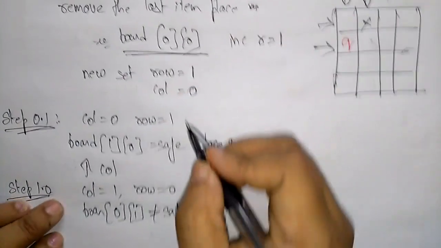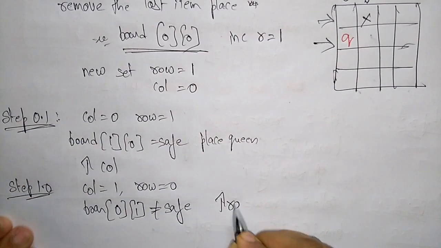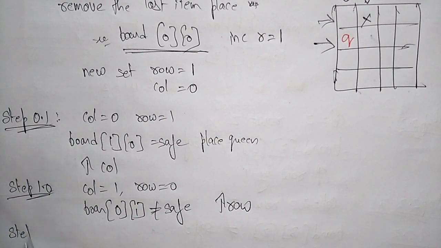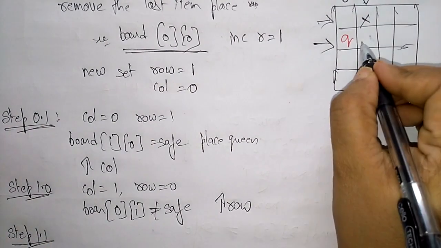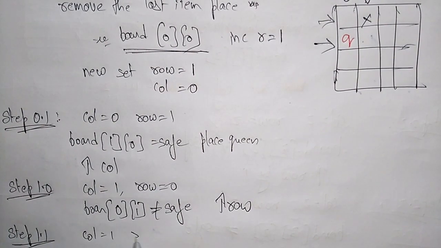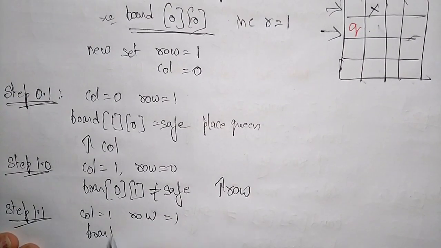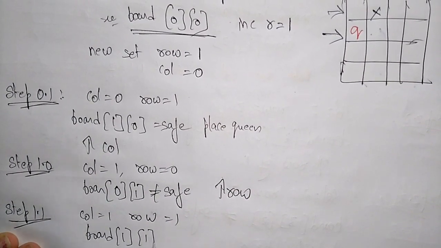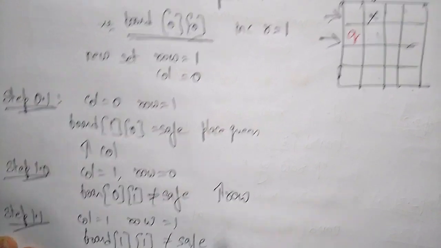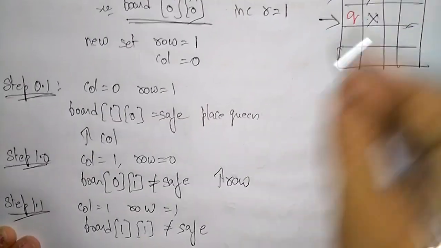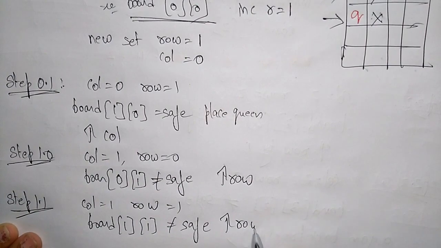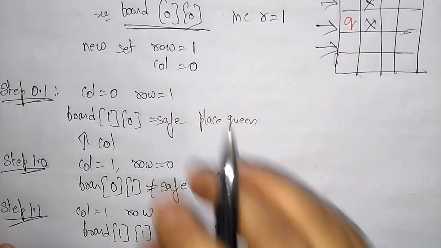Whenever it is not safe, just increment row. Step 1.1, column 1, row 1: board of 1 of 1 is not safe because it is in the same row. So increment row, coming to the next row in the first column.